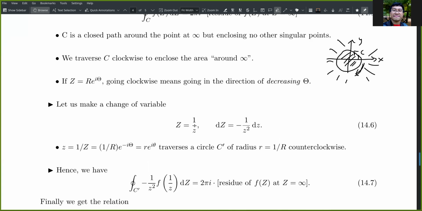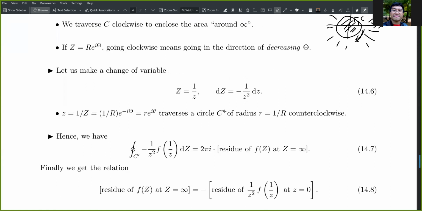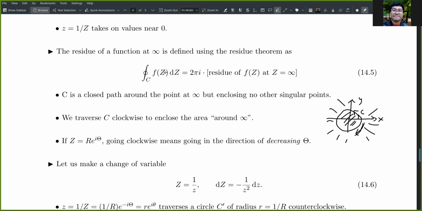Applying change of variables z equals 1 over Z, so dZ is negative 1 over z squared dz. 1 over Z is 1 over re^(iΘ). Put a negative here. So if we traverse counterclockwise, it means that we are still decreasing the value of capital letter theta, but increasing this small letter theta here. So we have counterclockwise, although we're decreasing capital letter theta, and we call the contour C prime. So we have the integral over C prime of negative 1 over z squared f(1/z) dz, and 2 pi i, that's still our formula here. We just changed variables.